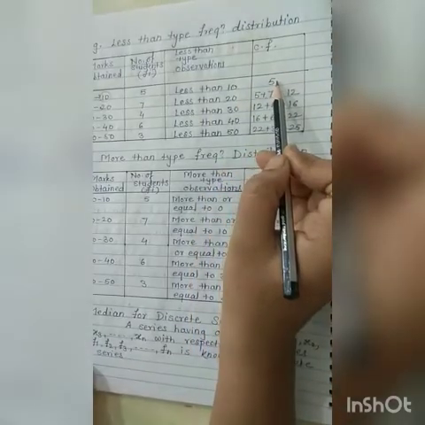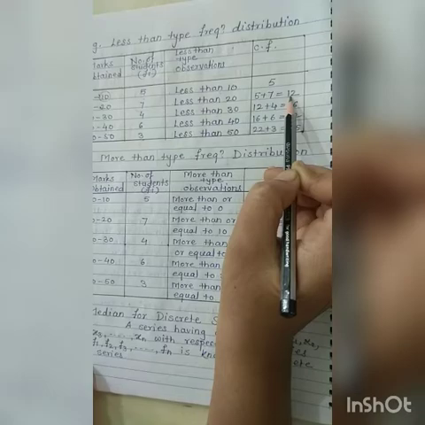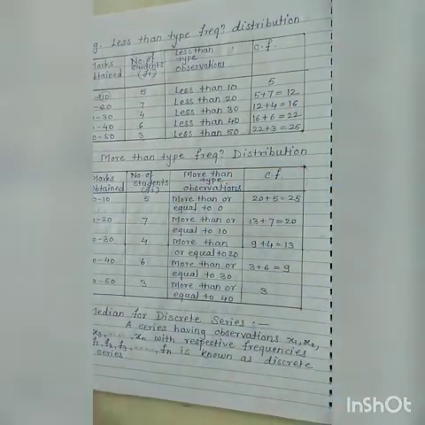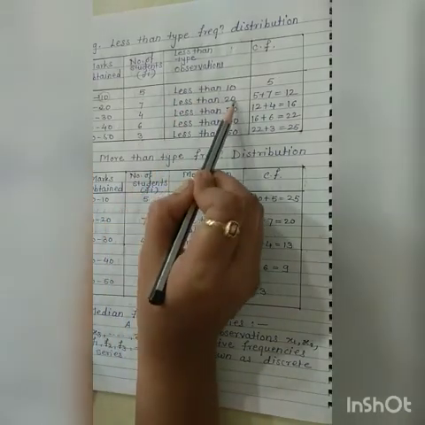So we are going to add 7 to this 5, that is equal to 12. So there are a total of 12 students who have scored marks less than 20.